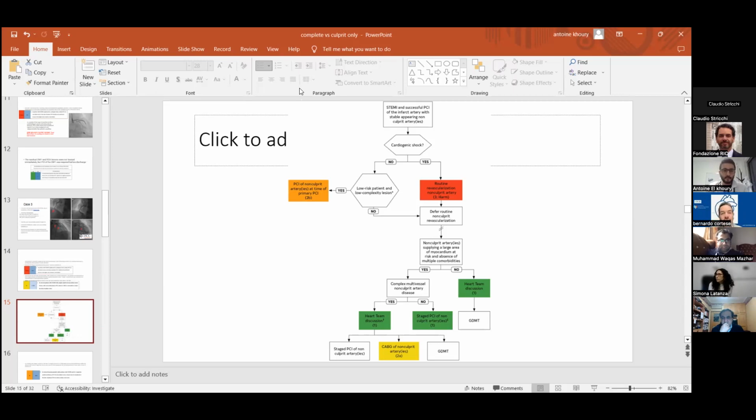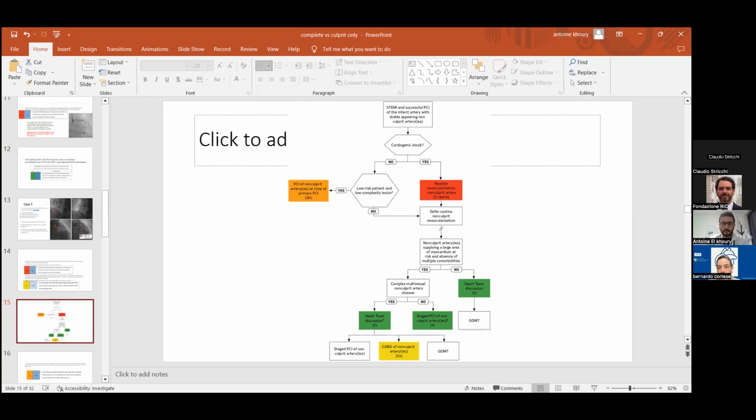So you can use any type of device according to the lesion type and to your experience. So also in the results reported in the graph before, the study allows the doctor to choose whatever treatment he wants. Yes, it's a normal lesion.